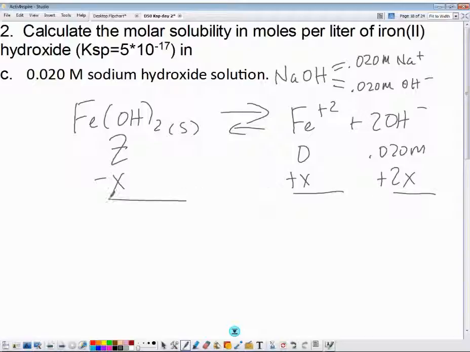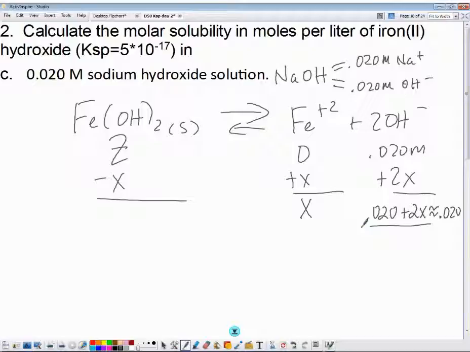Okay. We won't worry about the solid. We know what happens there. It is approximately Z. This is X, and this is 0.02 plus 2X, so I get to squiggly that. But please show that part, because AP exam people get very frustrated and angry when we don't tell you. You need to show them. You know it's plus 2X, but you're choosing to ignore that plus 2X.